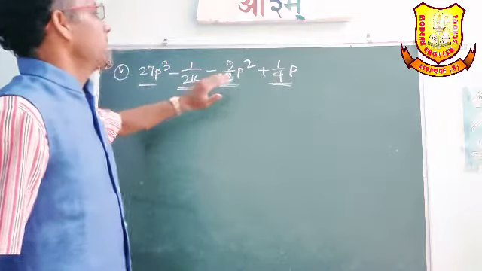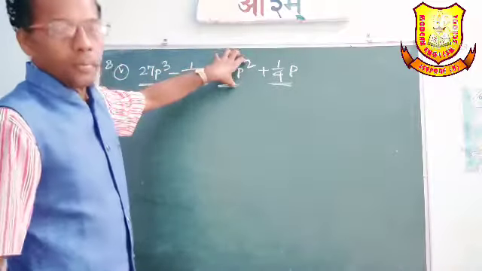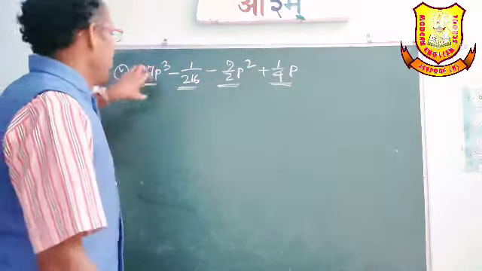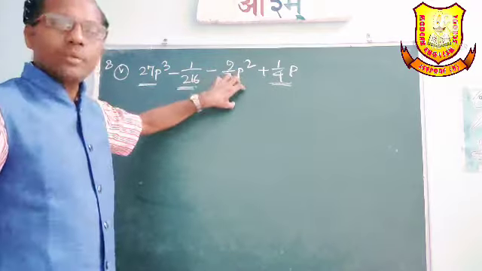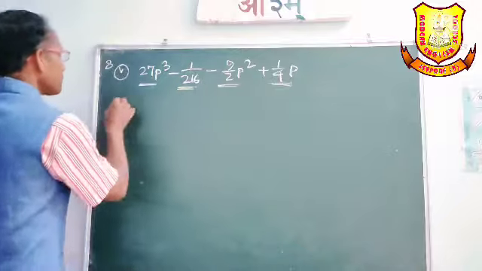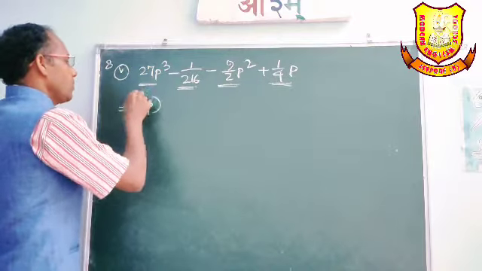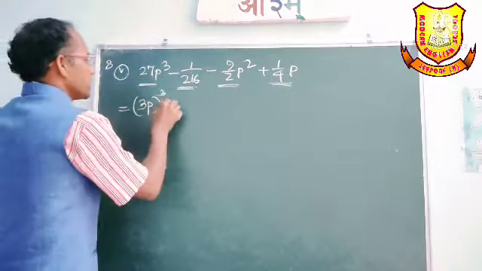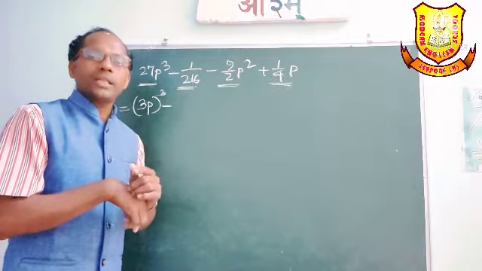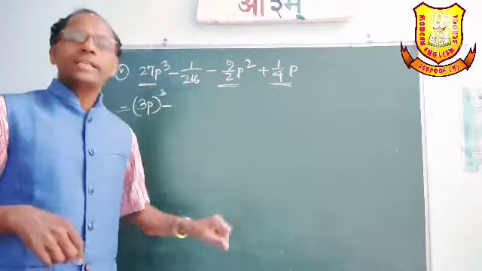If you find a and b, you can write this in the form of minus 3a square b and plus 3ab square, which equals a minus b whole cube. See, 27p cube: 27 is 3 cube, so 3p whole cube. Minus 1 by 216. 6 sixes are 36, 6 are 216, so 216 is 6 cube.